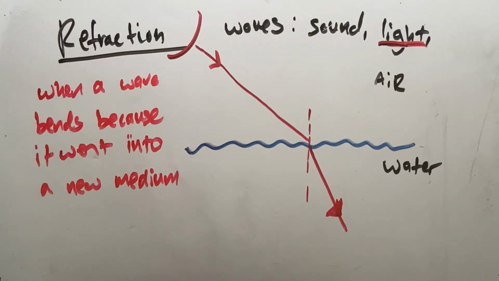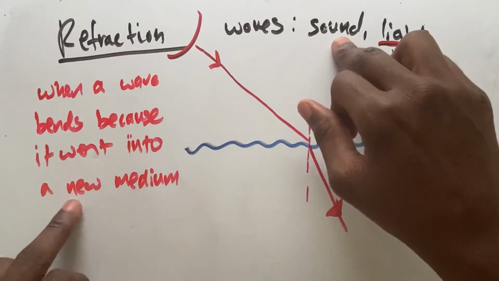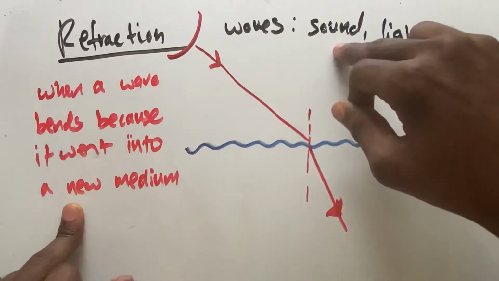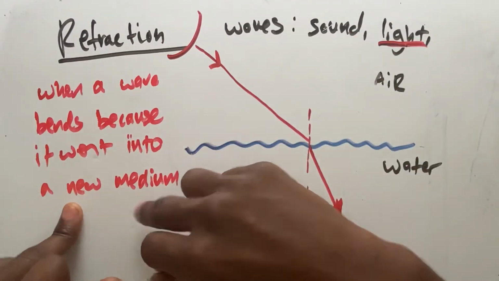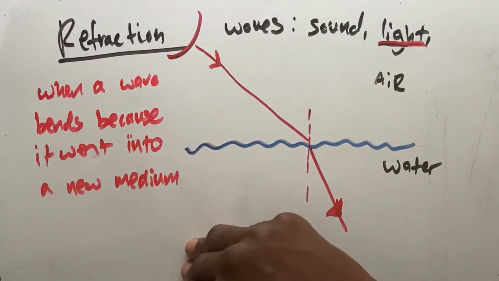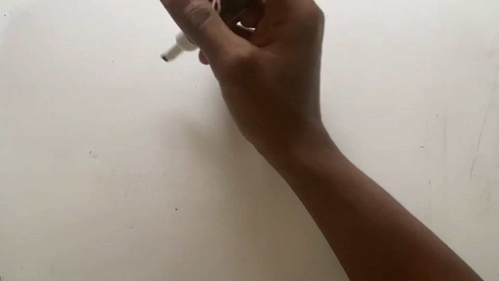So now let's go back to sound waves, because sound waves can also refract if they travel in a new medium. Mainly if the medium is air and the air has a temperature difference, right? So let's draw two scenarios here.